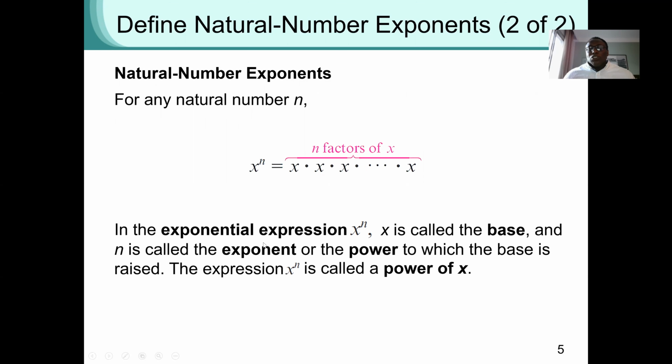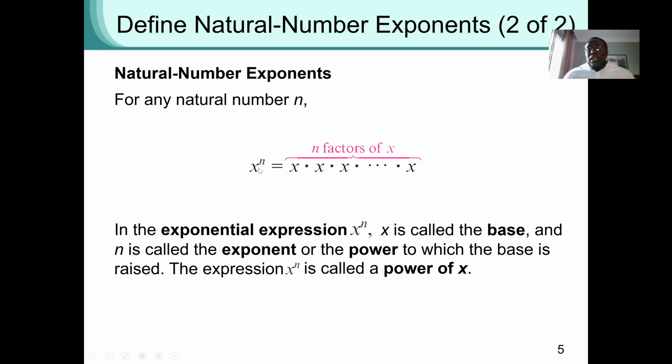So in exponential expression, for example, x raised to the power n, this means x is called the base, and the n is the exponent, or sometimes we may use the term power. That's more common. So for example, I can say x raised to the power n, x is the base and the n is the power or the exponent.